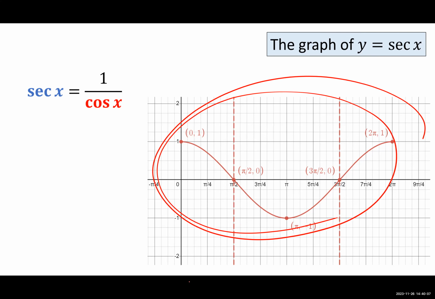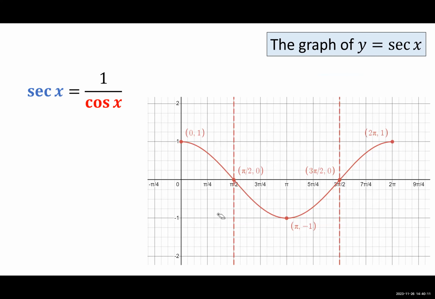This is our framework for the secant function. We start with the cosine function, where the cosine is 0, the secant has a vertical asymptote. Where the cosine has a maximum, the secant function has a minimum. Where the cosine function has a minimum, the secant has a maximum.